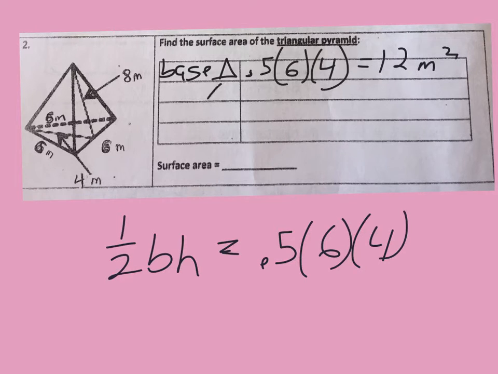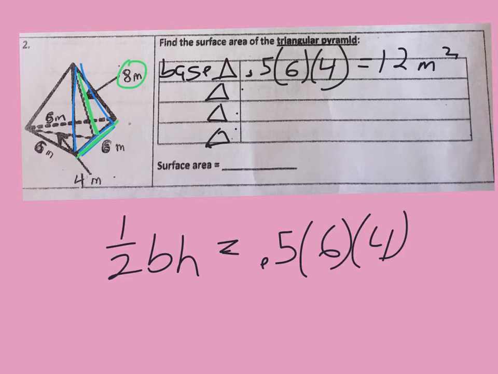All right, so let's do our other triangle faces, and they're going to be the exact same. So if we find one, we can just duplicate them for the others. So let's go ahead and do this one here. The base is 6. I see that the height is right here, and it says 8. So base of 6, height of 8.